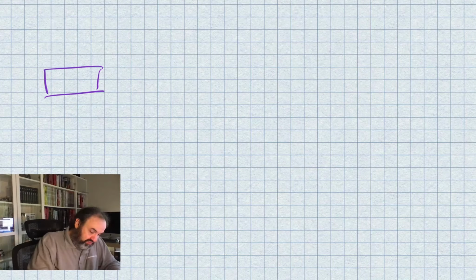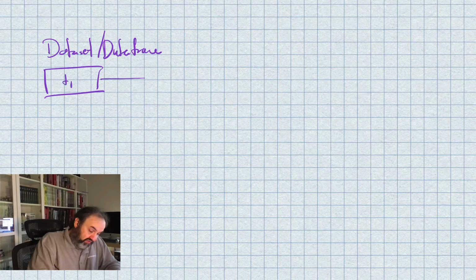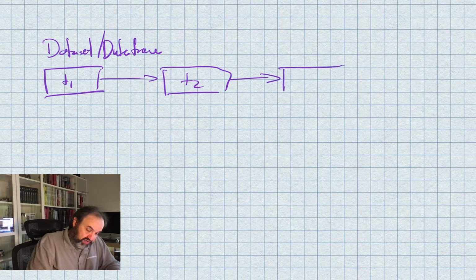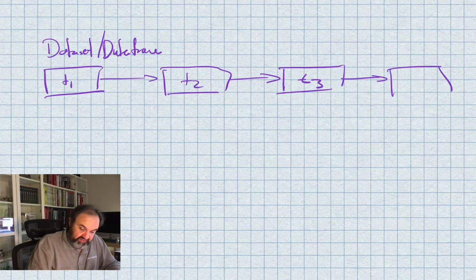So if I've got my data set or my data frame, and I have my first transformation, then I've got my second transformation, then I've got my third, okay, well, you get the gist, and then finally I'm calling an action. Okay, right?